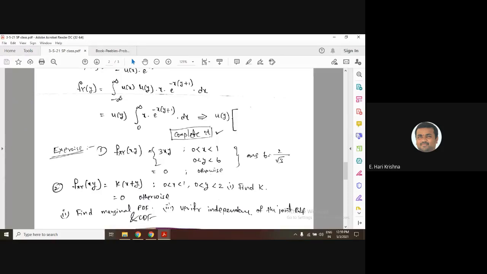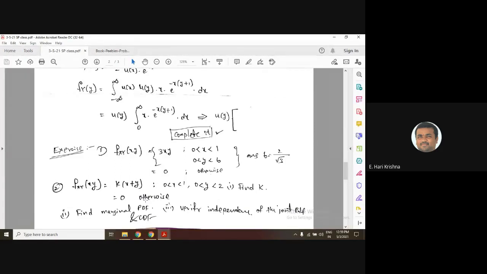A simple piece of information I want to give here: if I want to evaluate with reference to x, then y is a constant. Sorry, we are performing the integration with reference to x, so the integral of x is x square by 2. y is a constant because I'm doing it with reference to x, then it becomes yx.